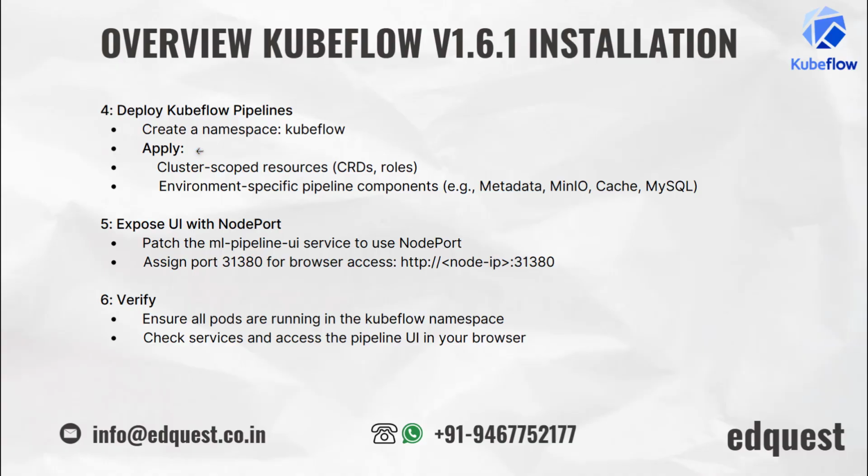Secondly, we will use the apply command to create all the listed services for Kubeflow, available in the multiple YAML files extracted in the previous step. Next, we deploy the Kubeflow pipeline components like ML pipeline UI, metadata gRPC, cache server, and many more.